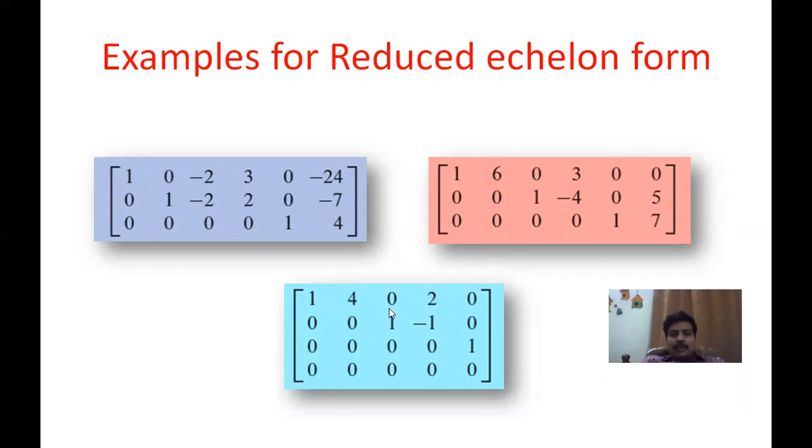This is a leading entry and all zeros. This is a leading entry, all zeros except that one. And this is the leading entry. There is no leading entry in the second and fourth columns, so there is no condition on this 4 and 2. So these are the examples of reduced echelon form.